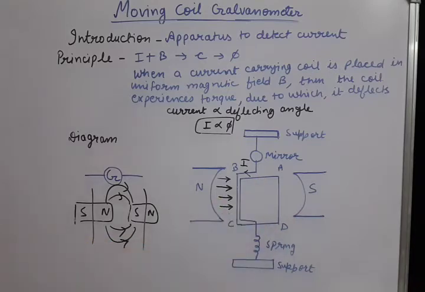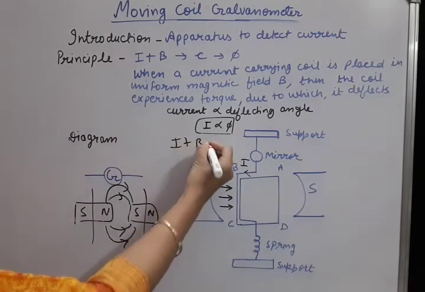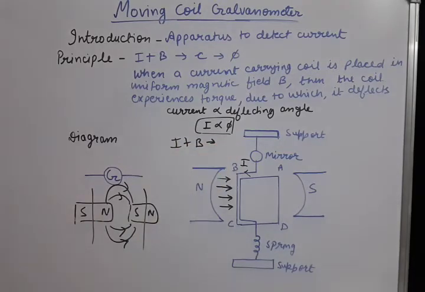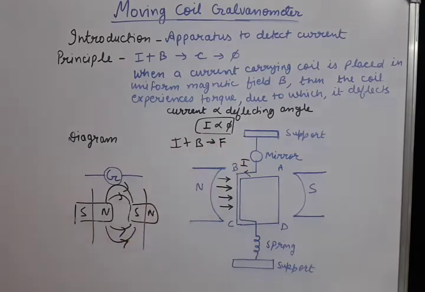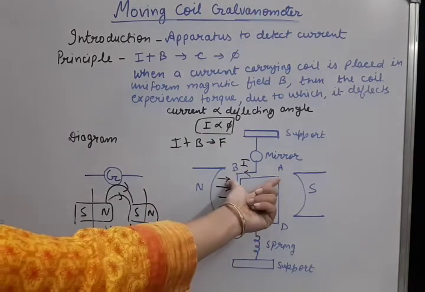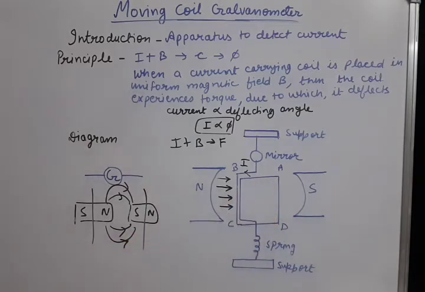Then we know already, due to the I plus B combination, always a force is experienced. So here, because there are four sides, AB, BC, CD and DA, all the four sides will experience forces.